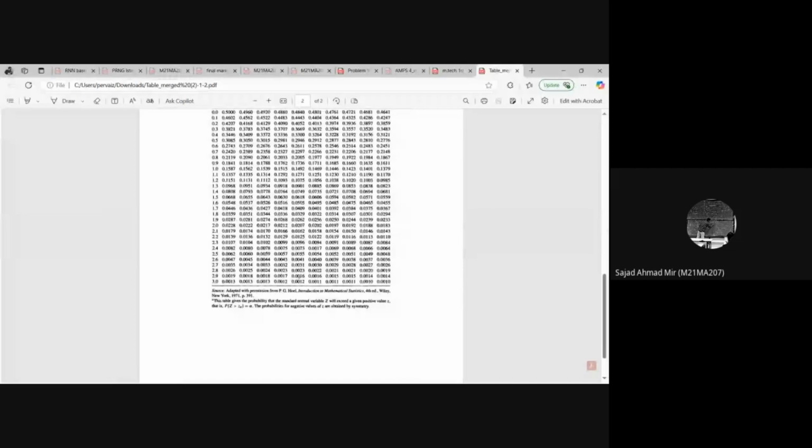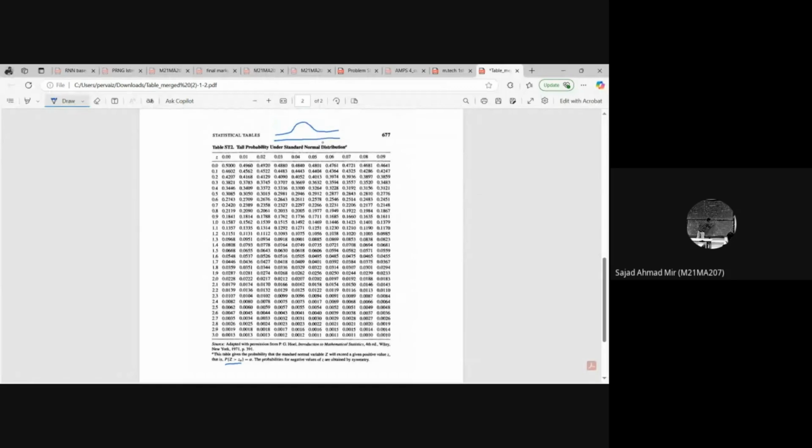So this was the table, which I think was given in your quiz, right? What is this table? Is it two-sided or one-sided? We have to see. For some tables the graph is given on top, but here at the bottom we are told that we are calculating probability z greater than z alpha is alpha. So this is right-sided.